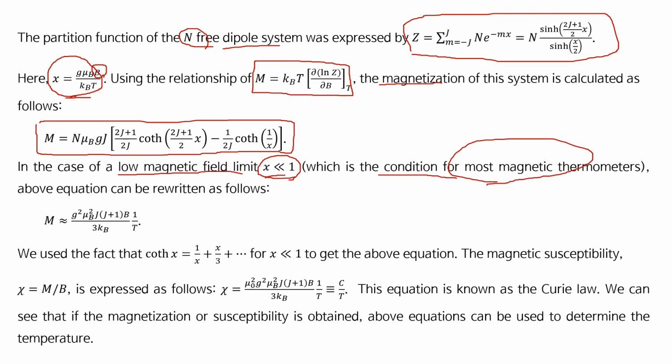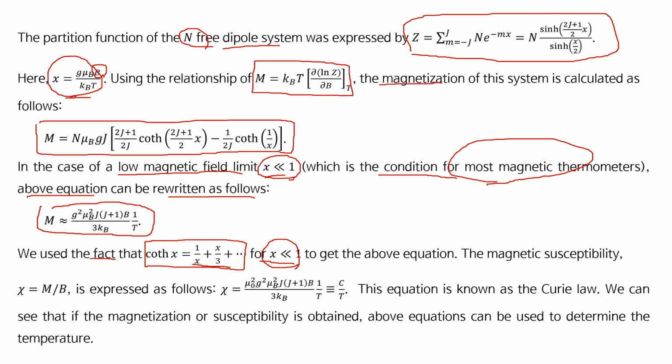So in this limit, the above equation can be rewritten as follows. Here we use the fact that coth x can be expressed as this equation for x much smaller than 1.